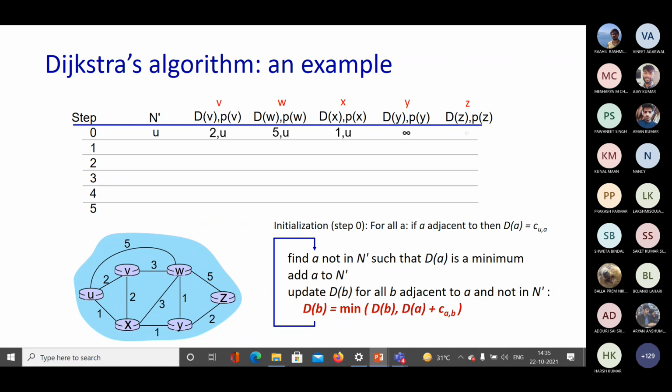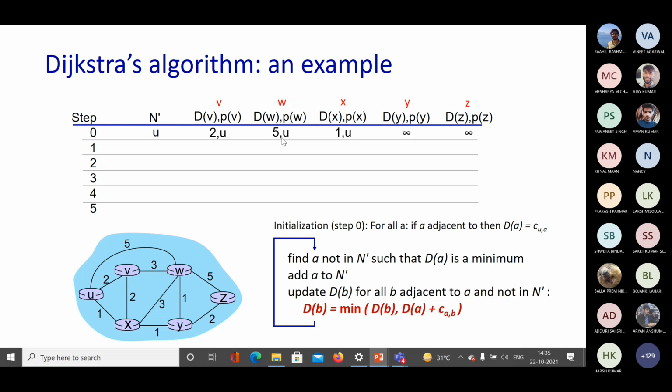So you start with the node U as the source node. Okay, so in N dash you have U. Now you try to check that if you want to visit all the other nodes present in the graph from U, what is the cost that you get?